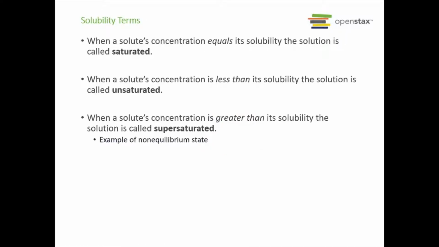Now, if the concentration of solute equals its solubility, then we say that the solution is saturated. That means the complete maximum amount of solute is dissolved in solution. If we have a solute concentration less than the solubility, this is an unsaturated solution. This is generally what you'll have when you have iced tea that's been sweetened with sugar.